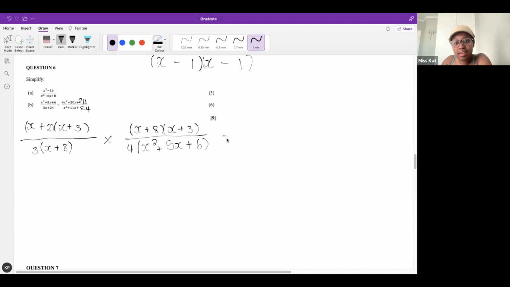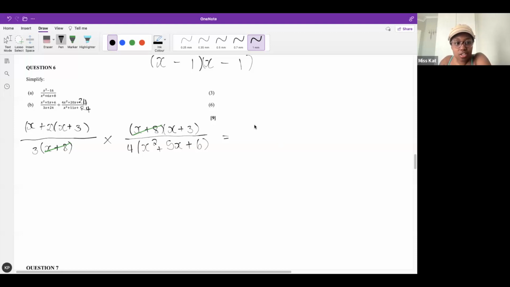Now, before I even factorize that one further, tell me which brackets can cancel out already. Do you see we have an x plus 8 at the bottom and an x plus 8 at the top? There we go. X plus 3 can't cancel because they are on the same side.